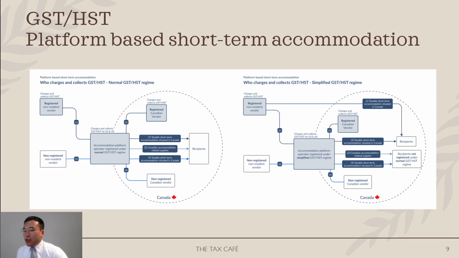It says GST, HST will be collected either by an owner that makes more than $30,000 in taxable supplies, which is like providing short-term accommodations, or by the accommodation platform operators that facilitate them. So basically, if you are an owner of a property that has listed it on Airbnb websites and made revenues of more than $30,000, then you are obligated to register for GST and HST and collect directly.